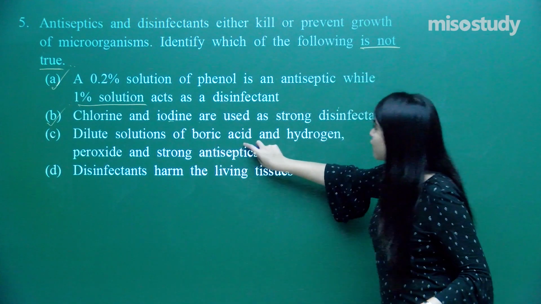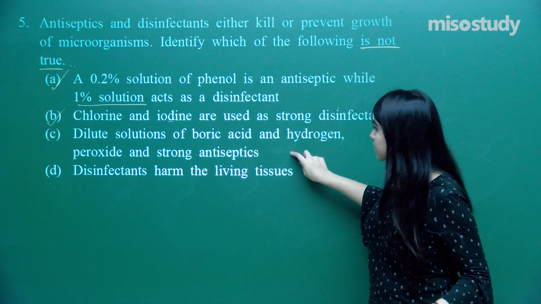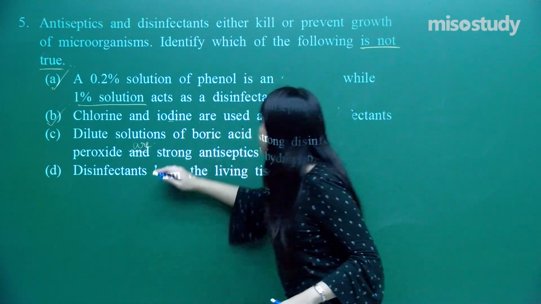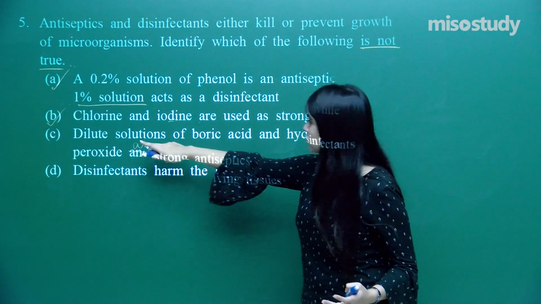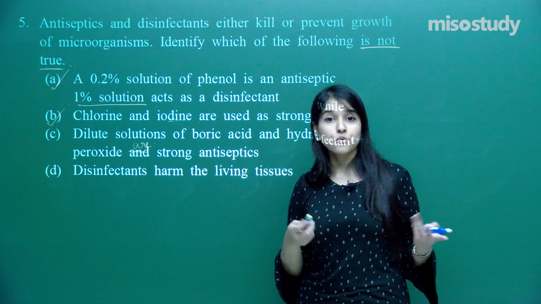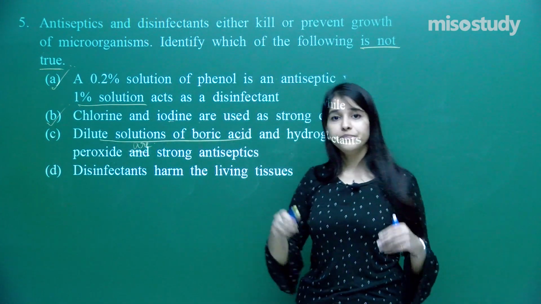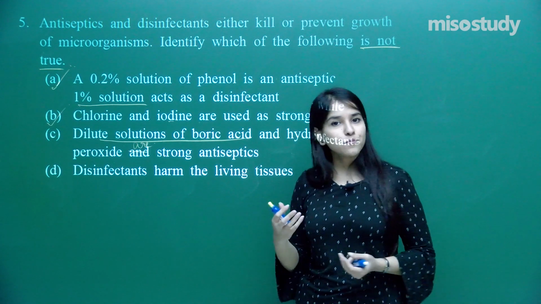Dilute solutions of boric acid and hydrogen peroxide are strong antiseptics. Is it true? Where is the dilute solution of boric acid used? It is used for cleaning of the eyes, the eyeballs.